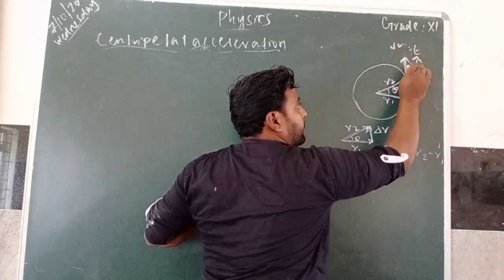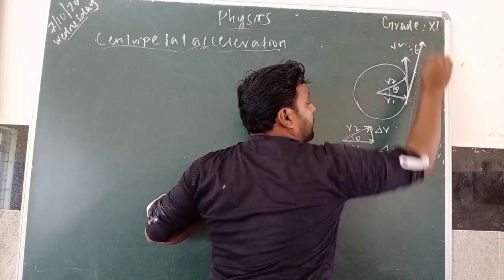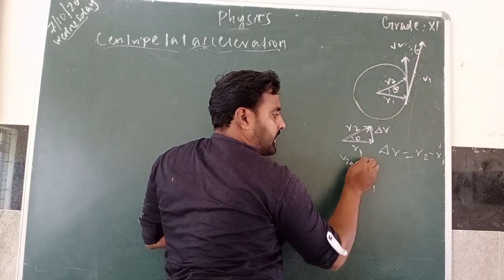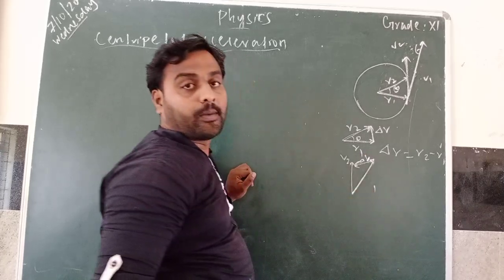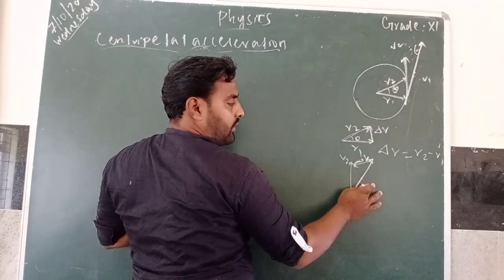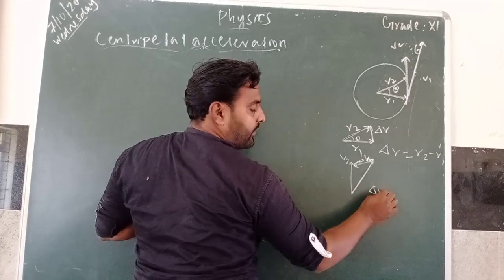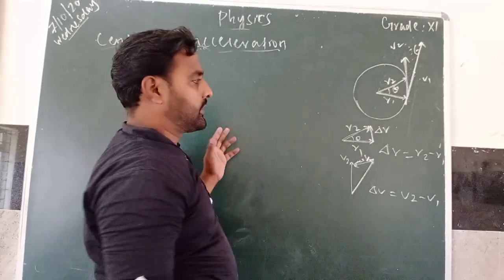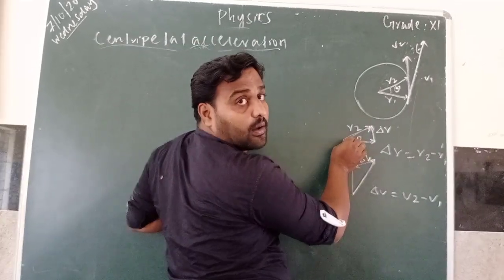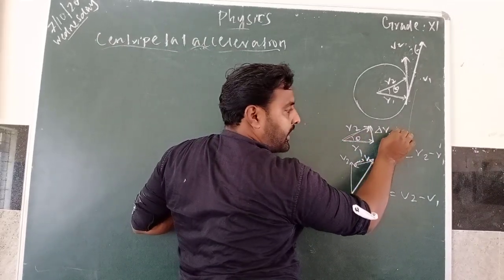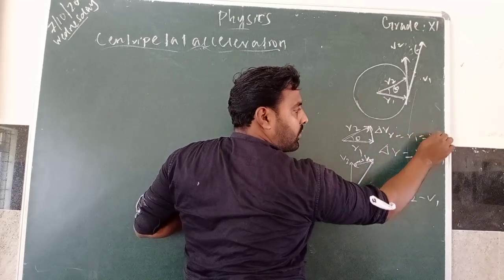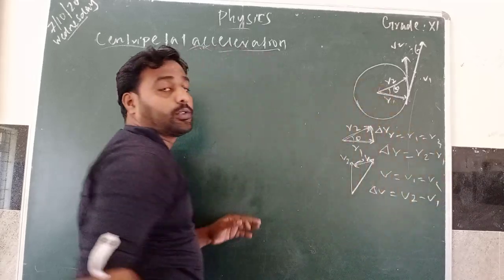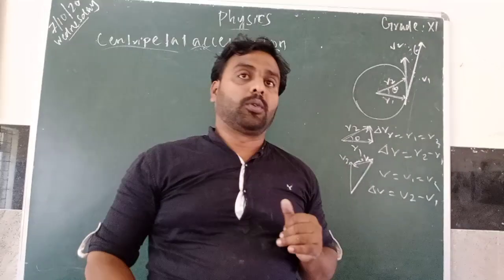This is delta V, and you can write delta V is equal to V2 minus V1. Why can you write this? Because R is equal to R1 equal to R2, V is equal to V1 equal to V2, because it shows uniform circular motion.